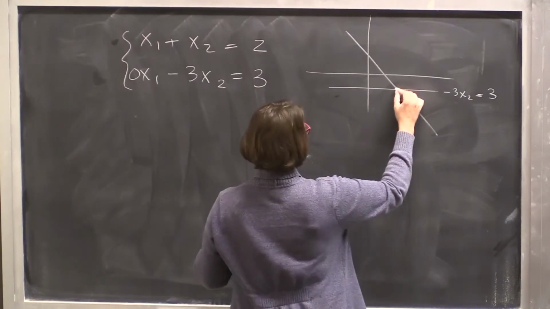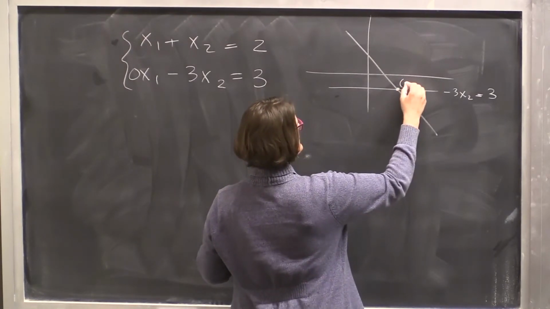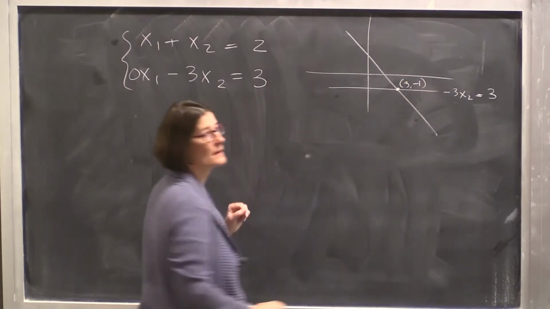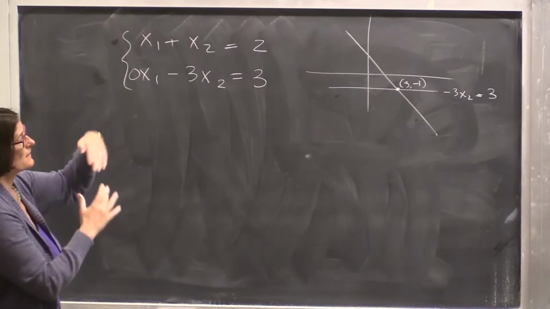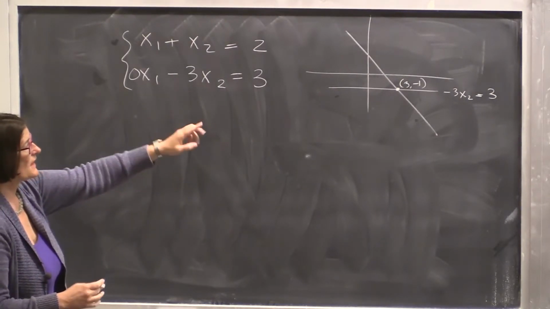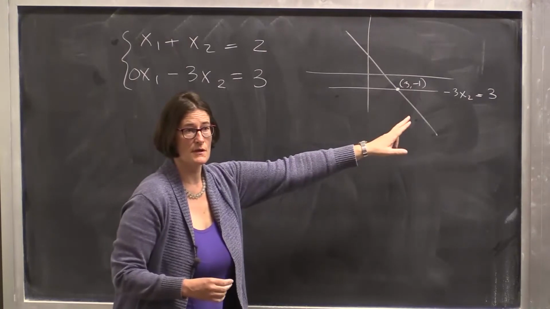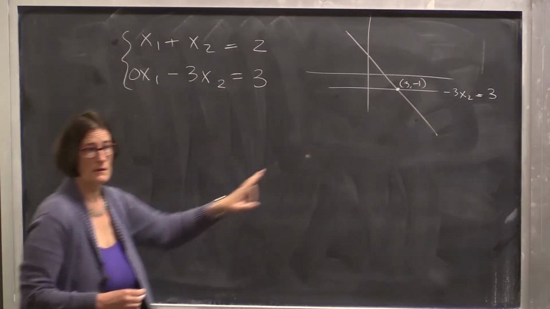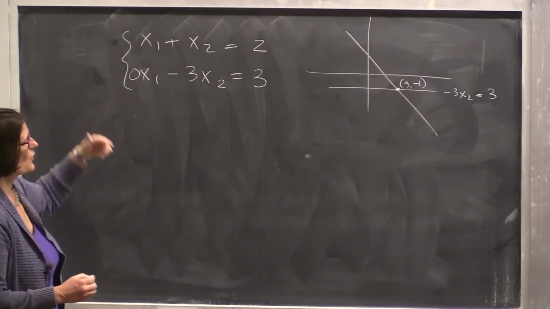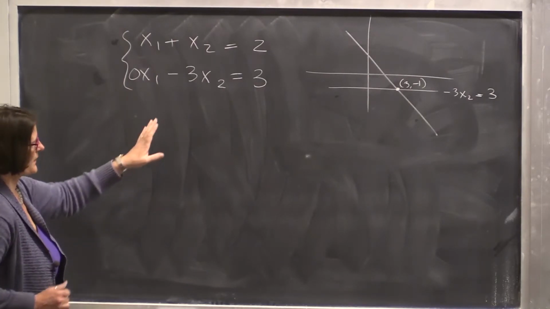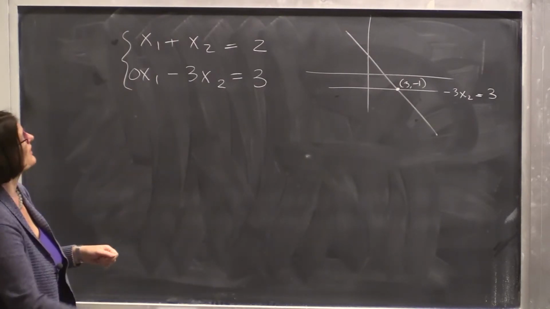And this is still the point 3, minus 1. I have changed the lines. I have not changed the solution. Now, I'm going to continue cranking, because you're going to see it's a crank.